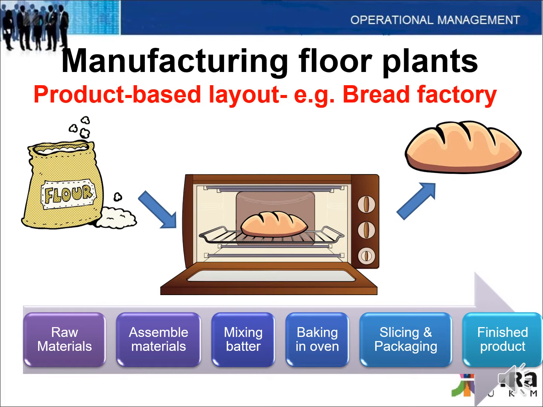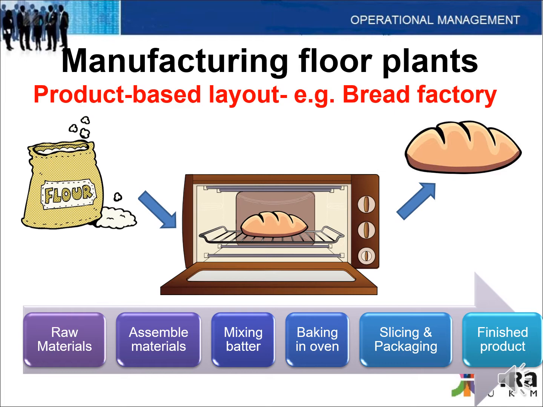So for this kind of example, you need flour, and then from the flour you need also the sugar, and you need to assemble the materials. Okay, and then mixing it, and then baking it in the oven, and then you might want to slice it, and then you might want to package it. Okay, and then at the end of the process, you will have the finished product. So this is all the process that you need to think about to have your own product.